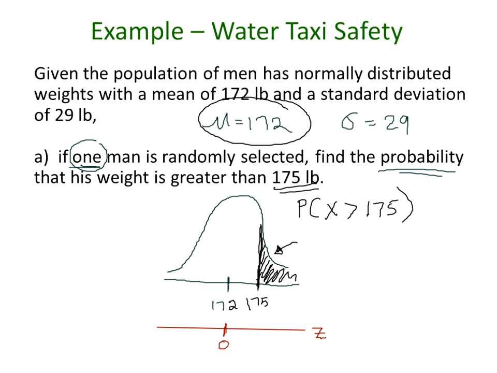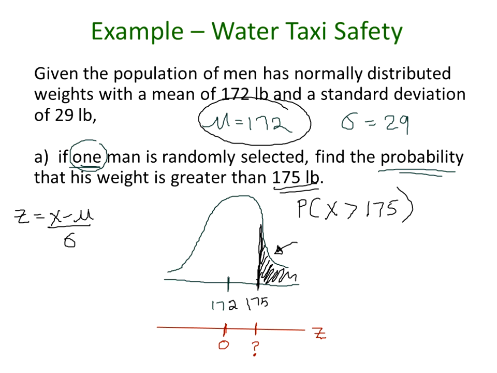I can't do that unless I know the z-score, because remember, if I'm going to use table A2, I need a z-score. So I need to standardize this. So I'm going to put a question mark here. What z-score represents 175? We had a formula for that, right? So z is equal to x minus the mean, divided by the standard deviation.